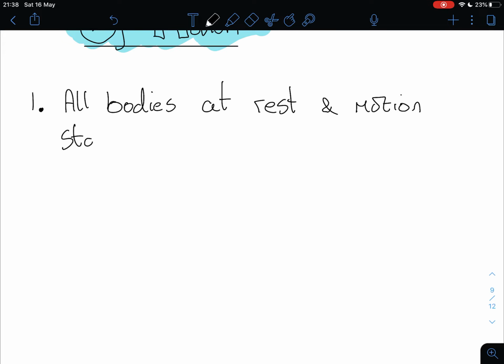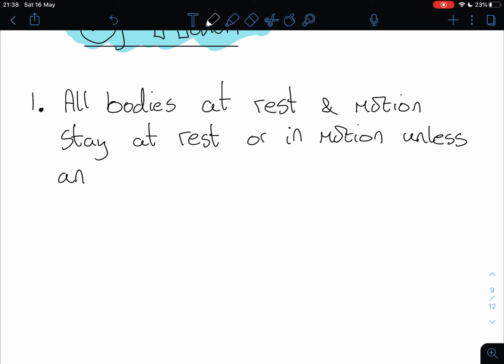So, number 1. All objects will keep moving. So, we call them bodies. I forgot which way the D goes in. All bodies at rest and motion stay at rest or in motion unless an unbalanced force acts upon it.